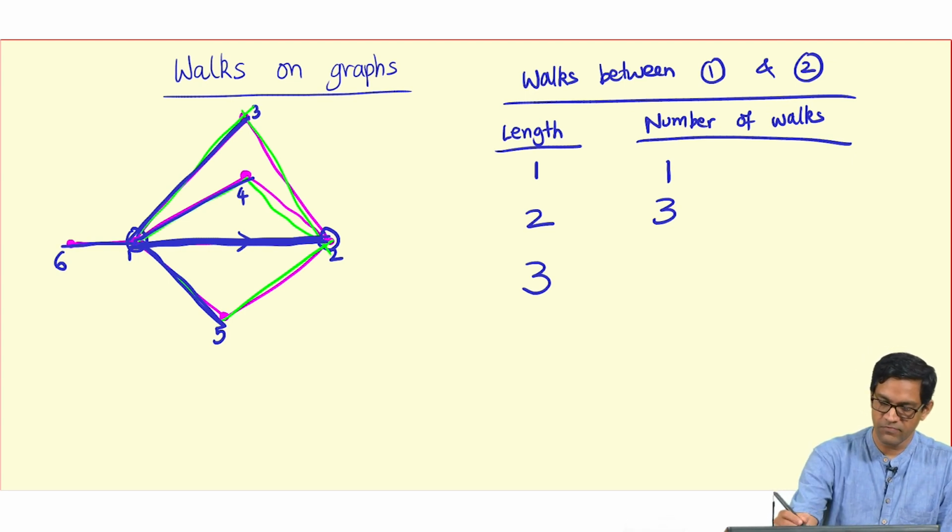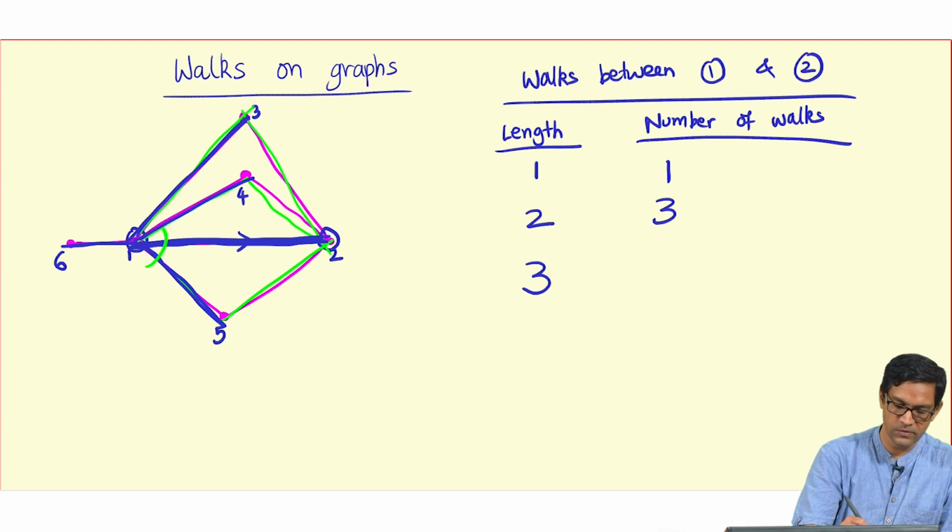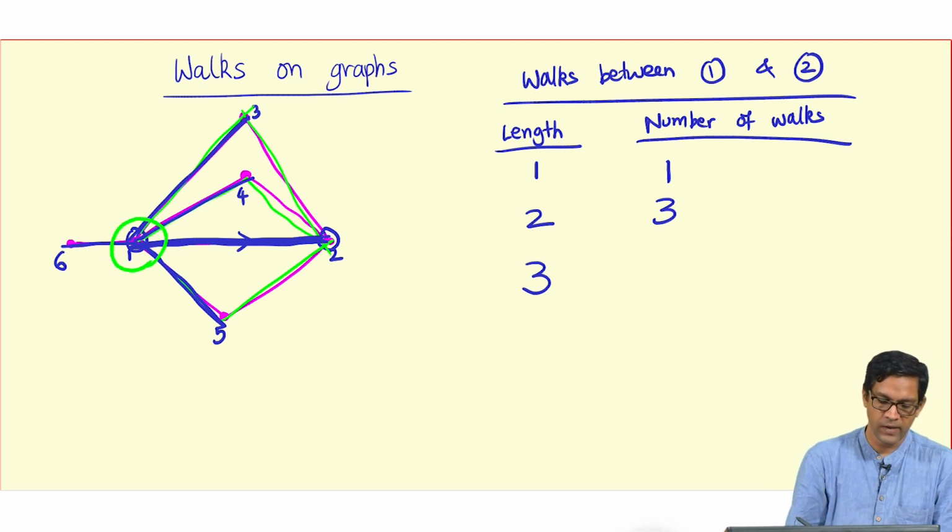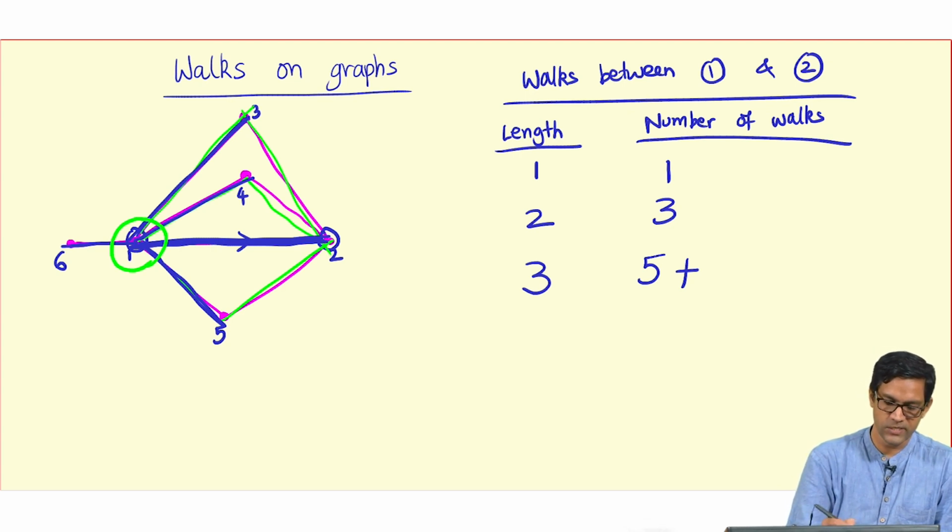So, you can look at these 5 edges which are emanating out of 1. You can travel along any one of them, come back to 1 and then go to 2. So, there are 5 possibilities. These are not all. So, let us say 5 for a start. Similarly, you could do the following. You would go to 2 first and then observe you can do that back and forth hopping even from 2.